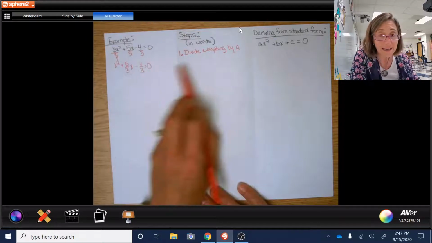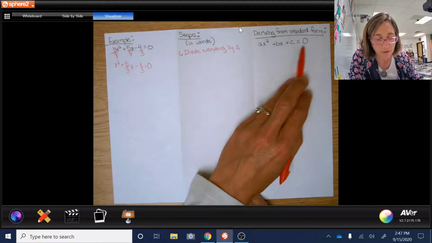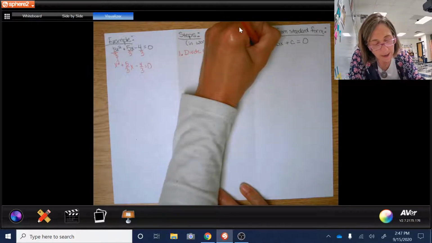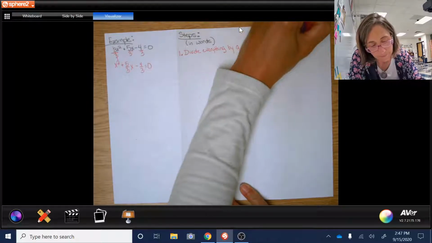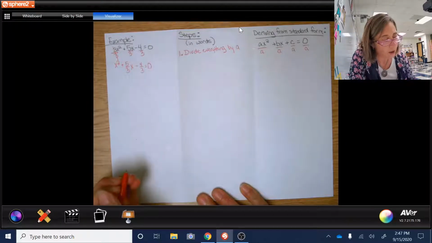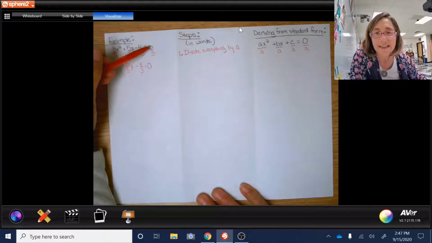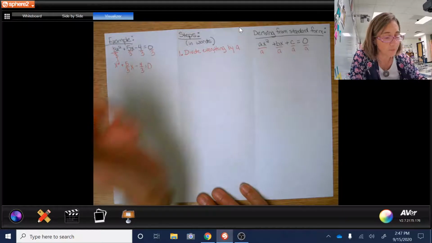And now we're going to take that idea and we're going to apply it over here to the generic form of ax squared plus bx plus c equals 0. So I don't like this coefficient of a, so I'm going to divide everything by a here. Oh, I should have shown the dividing by 3 here. I just didn't show it because 0 divided by 3 still gives you 0. But I should show it so that you know.